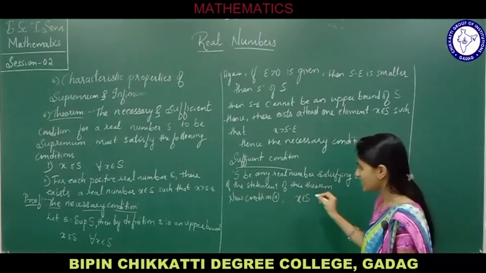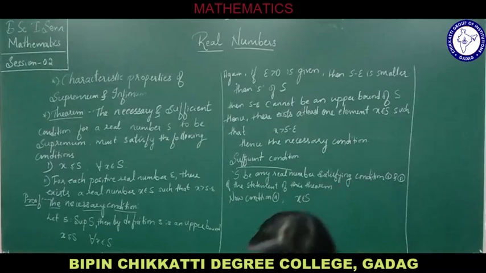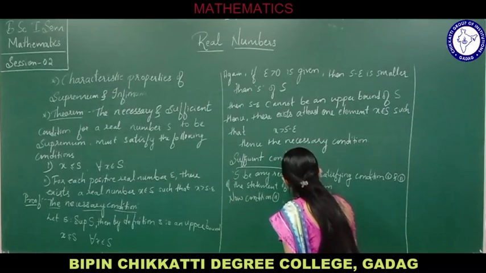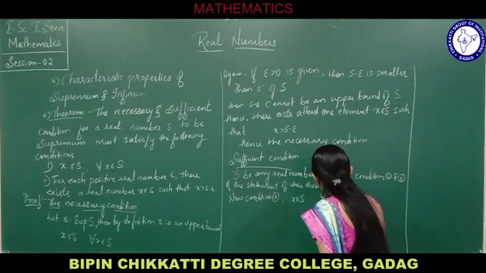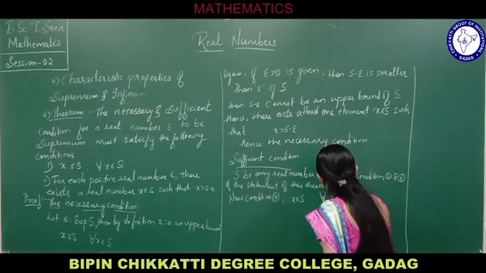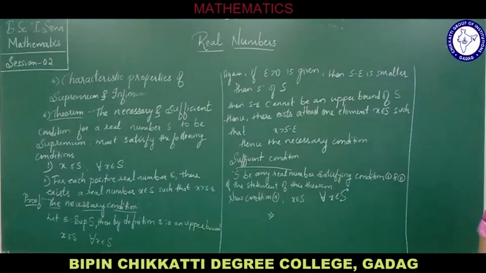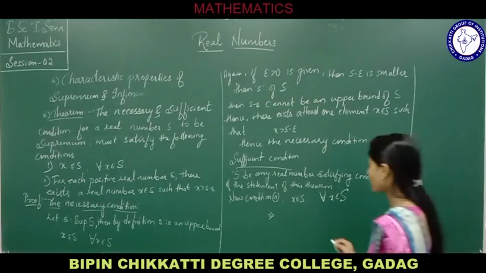Here x belongs to the set S, small s, and for all of these, x belongs to capital S. What does this imply? It implies that s is an upper bound of S.